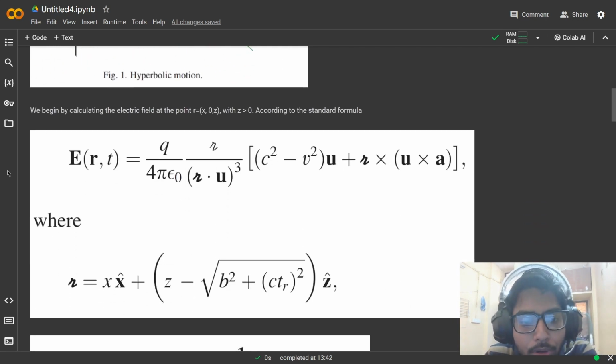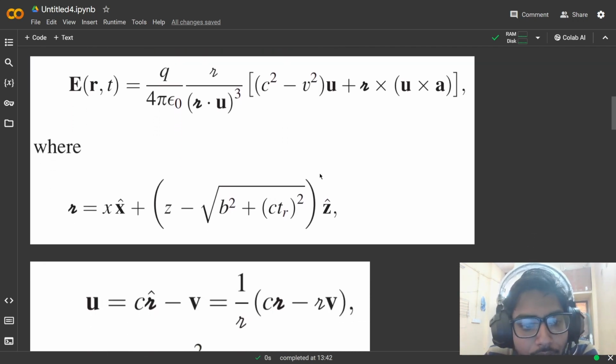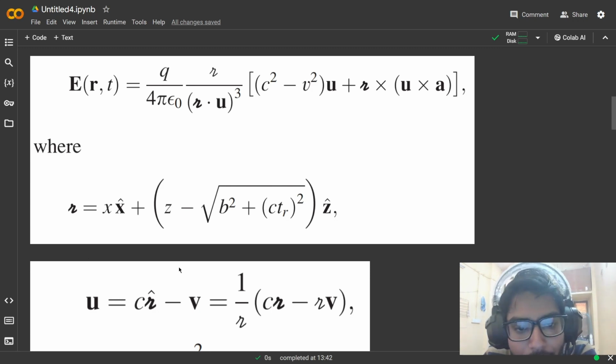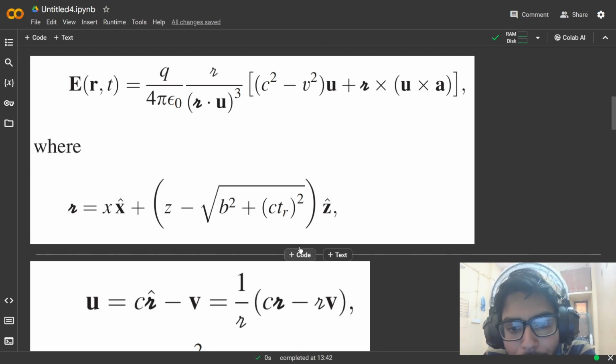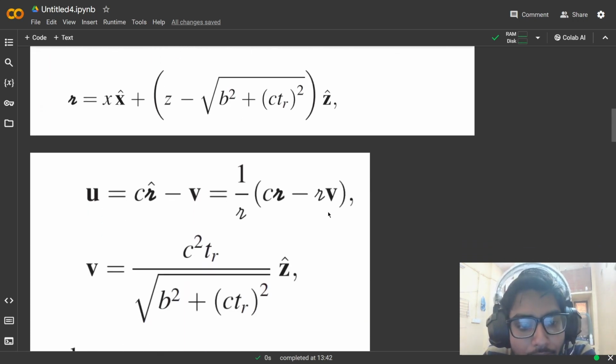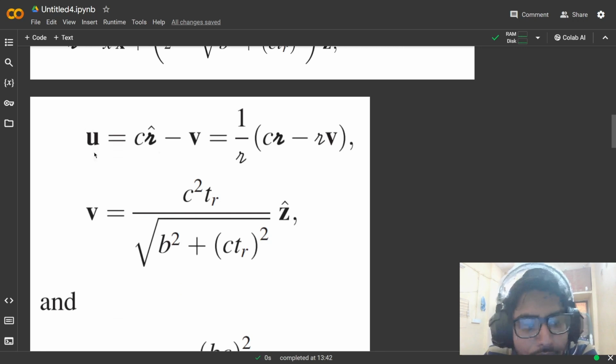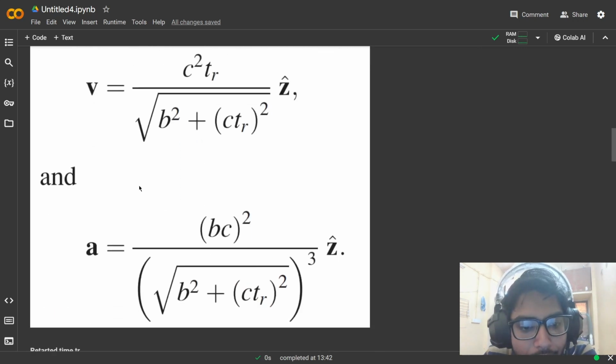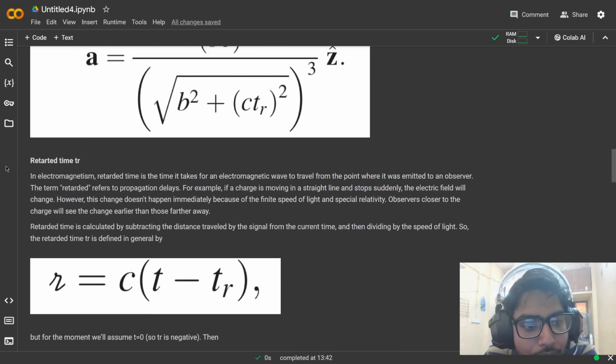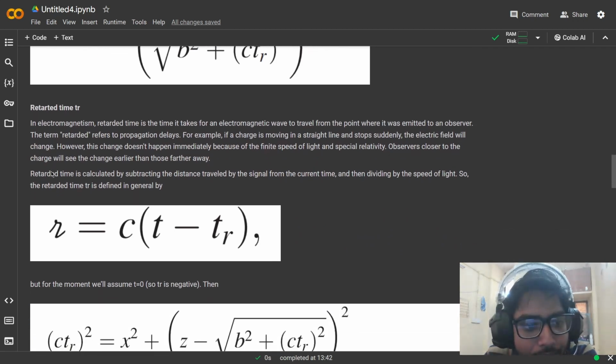So this is the formula of the electric field under the consideration of relativity, and here is the r vector, that is x hat plus z minus root of b squared plus (c t_r) squared, z hat. Here t_r means the retarded time, and here are the other vectors u, v, and a. So here we come to the concept of retarded time.